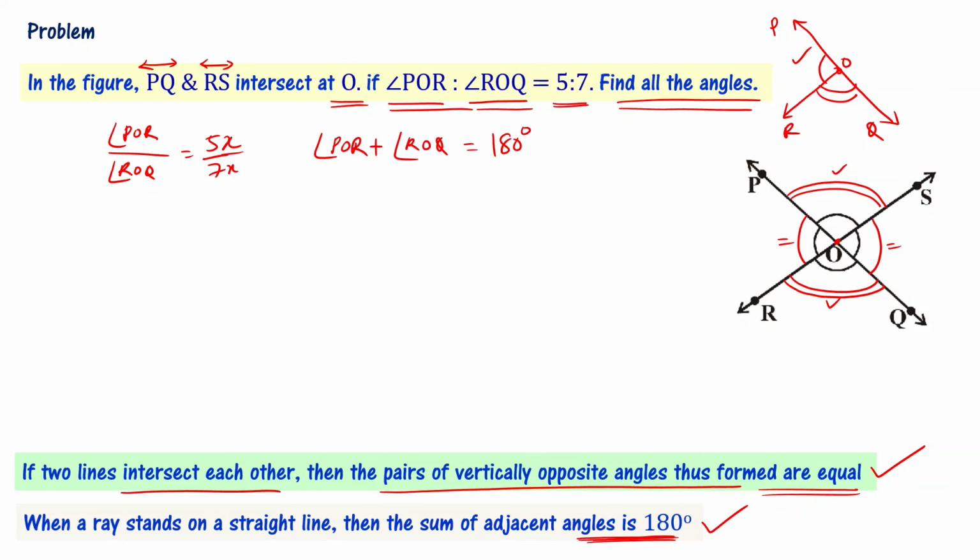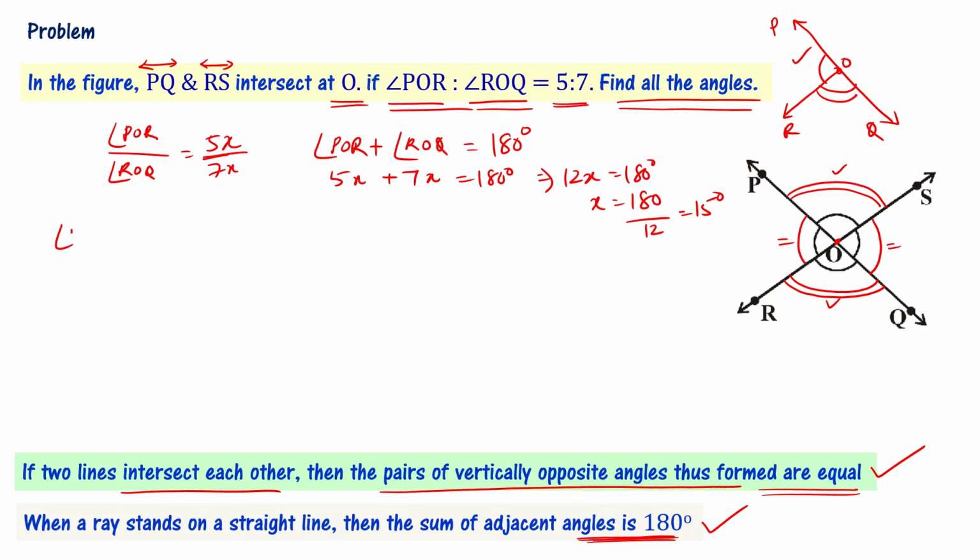Now we have seen that angle POR divided by angle ROQ equals 5 by 7, that we have written as 5x and 7x. 5x plus 7x equals 180 degrees. It means 12x equals 180 degrees. Let me say that x equals 180 divided by 12, that is equal to 15 degrees. x is 15 degrees.